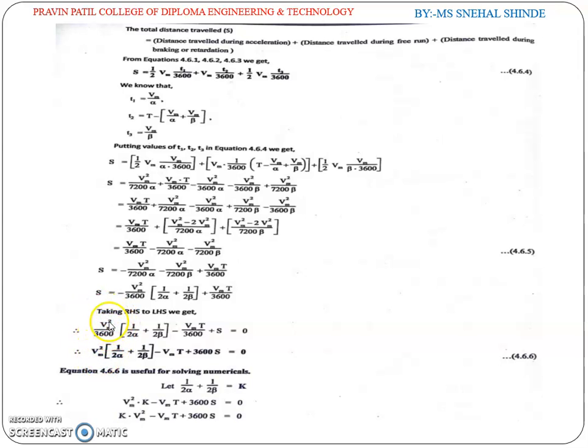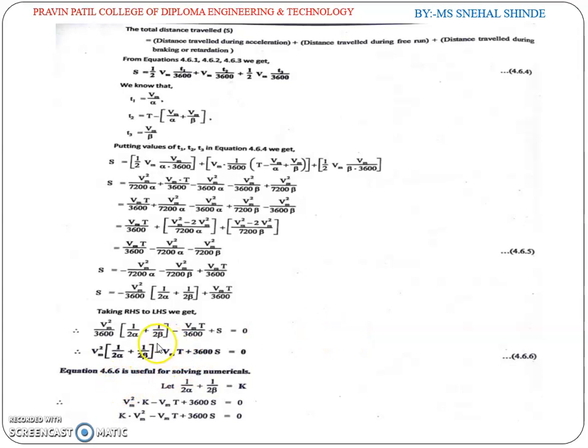So now we get Vm square into 1 by 2 alpha plus 1 by 2 beta minus, again we have multiplied here 3600. So we get Vm into T. Again here was the S term and we have multiplied 3600. We have multiplied this step just to get rid of the fractions. So to eliminate the denominator part of the Vm, we have simply multiplied it with 3600.